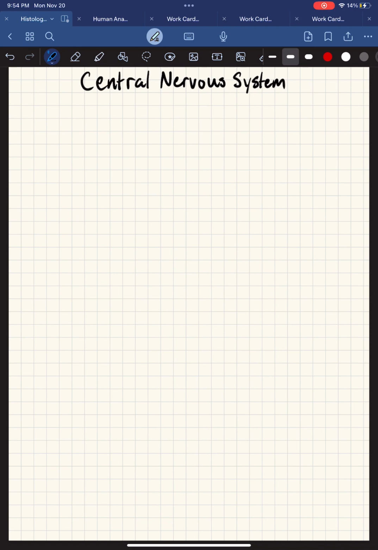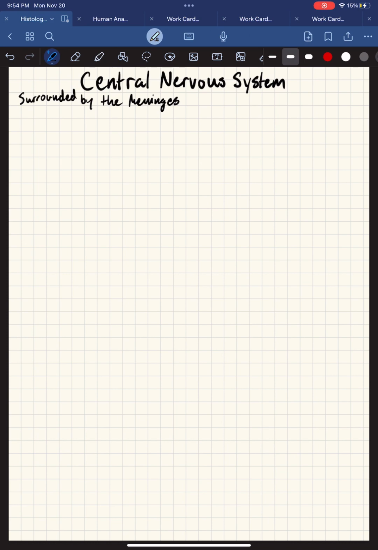So for the central nervous system, starting off the bat structurally, it is surrounded by the meninges, which is a membrane that covers the CNS.